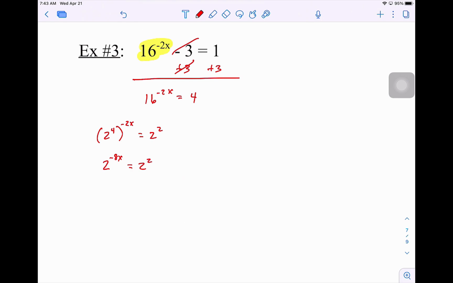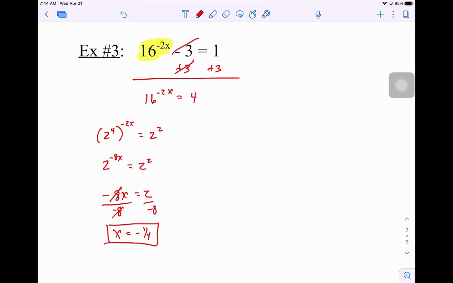And now that we've got the bases the same, the exponents must be equal to each other. Therefore, negative 8x has to equal 2, and now we solve for x. Divide both sides by negative 8, and we find out, if we reduce, that x is negative 1/4. So there's kind of method 1. In this case, it worked out.